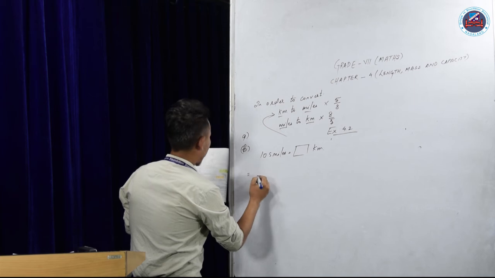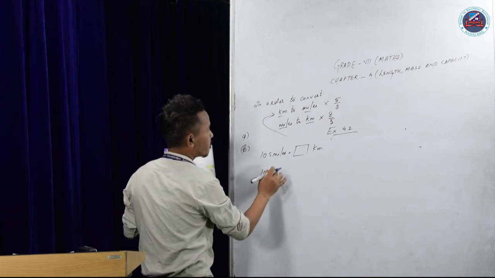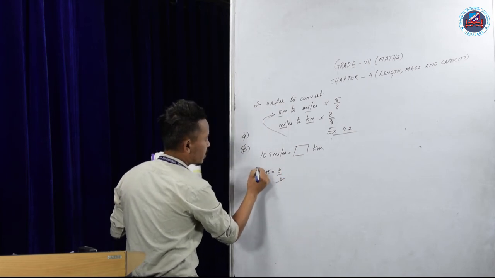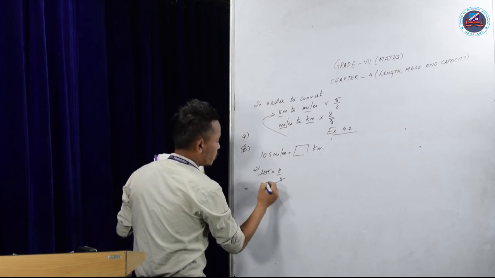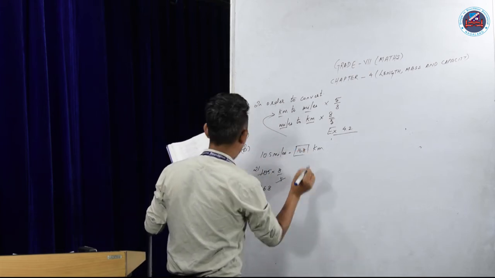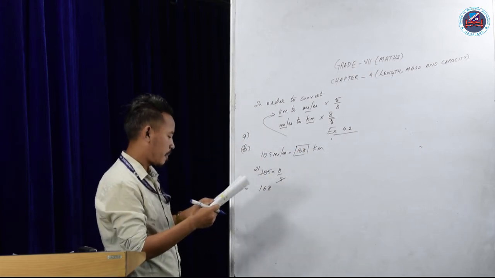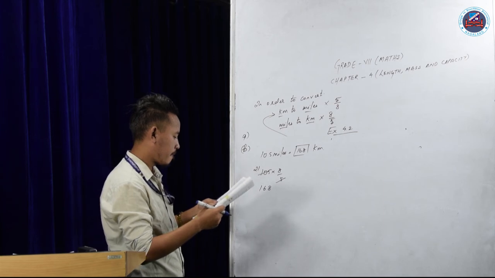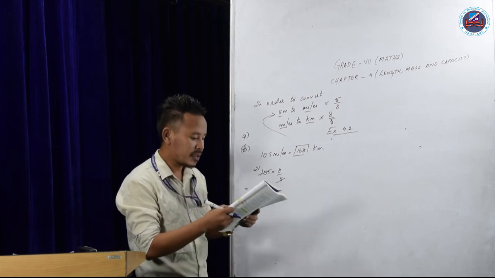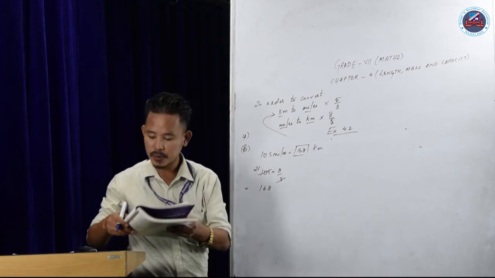So, 105 miles, if I change in terms of kilometers, will be, miles to kilometers, 8 upon 5. Simple, 5 21s are 105. 8 into 21 is 168. We have 168 kilometers already given, right? And the rest, the answers are already given there. Please try it, and then you try to cover it up.